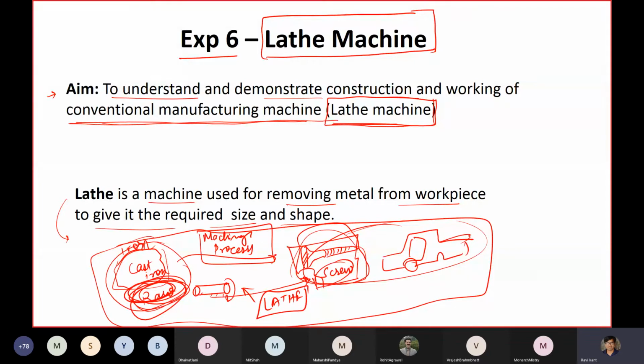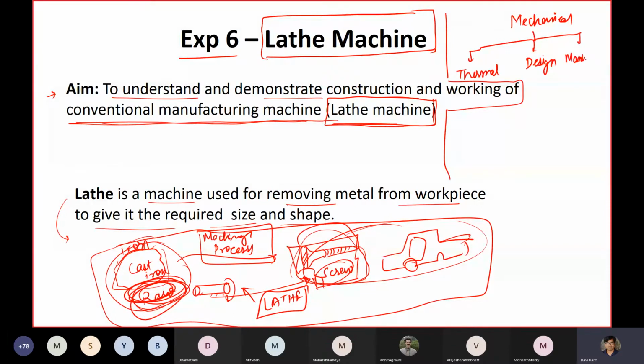Before starting, I just wanted to give you an overview of what exactly things are all about. Mechanical engineering is broadly divided into three segments: thermal, design, and manufacturing engineering.